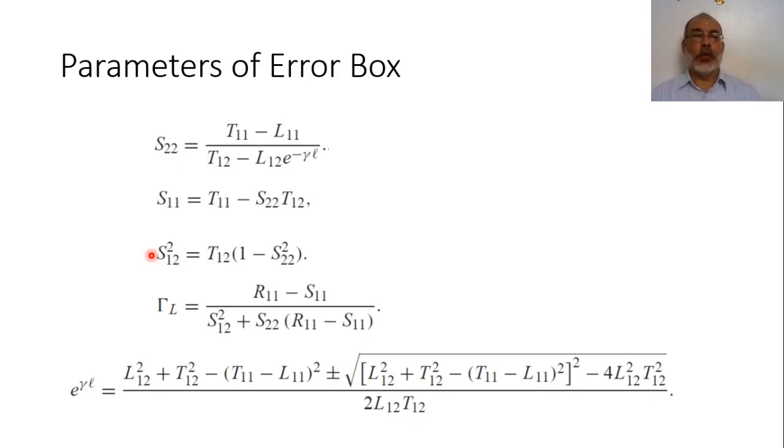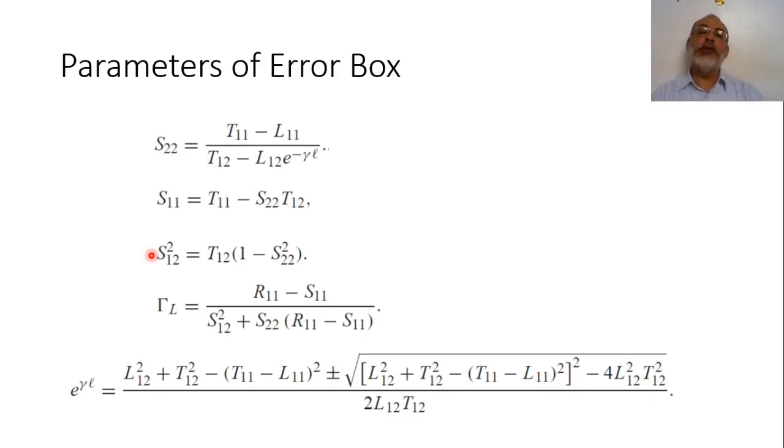By obtaining S11, S22, and S12, we can obtain the ABCD of the error box. We extract the ABCD of the error box from the measured ABCD to obtain the ABCD parameters of the device under test.